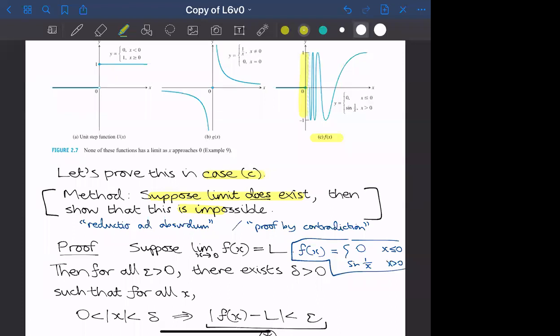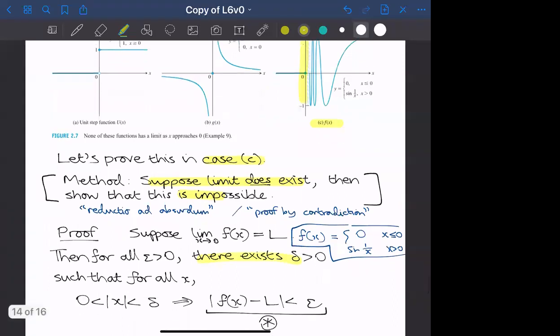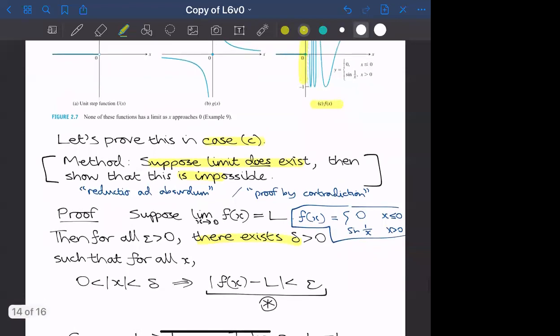So suppose that the limit is L. And what's the definition? For all epsilon greater than 0, there exists delta greater than 0 such that this implication holds.